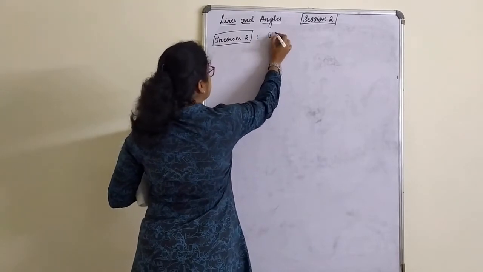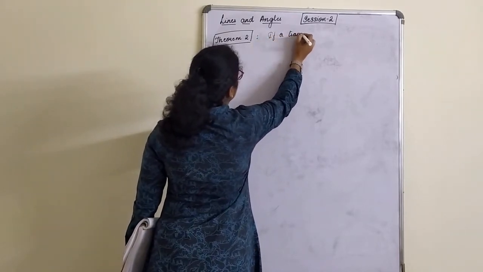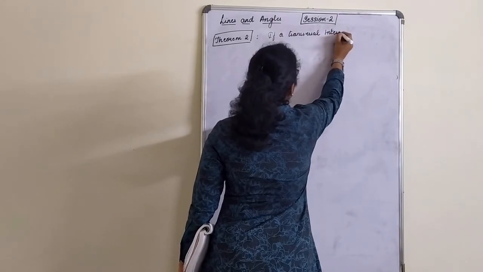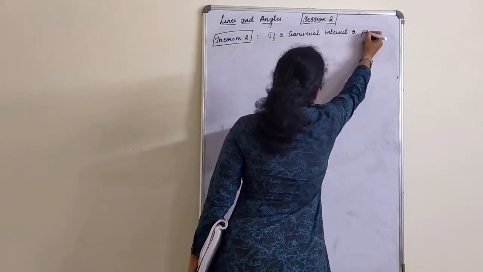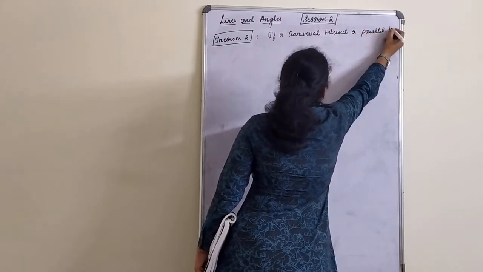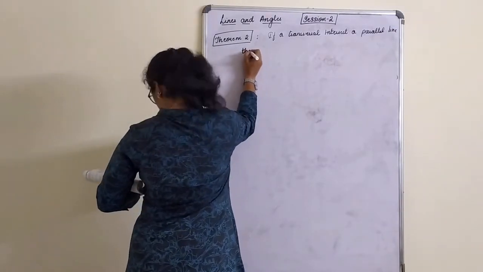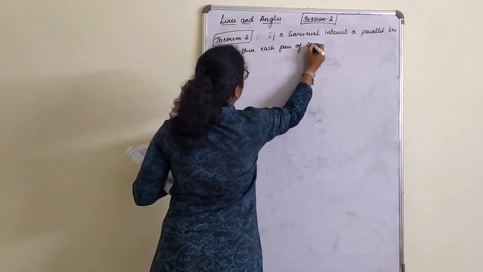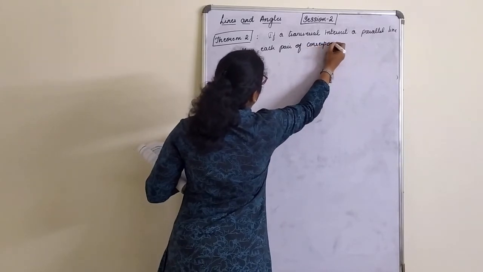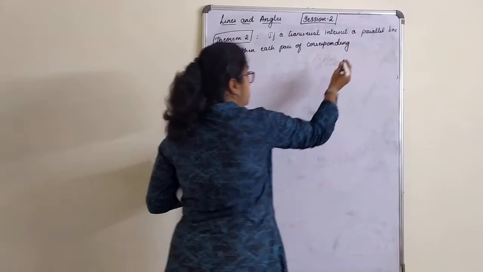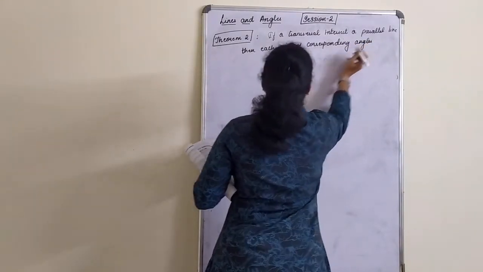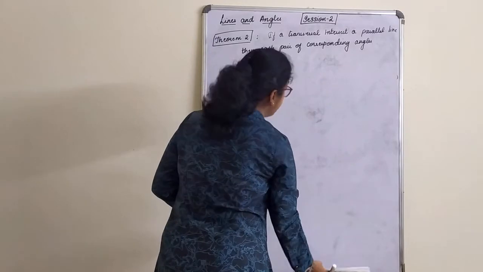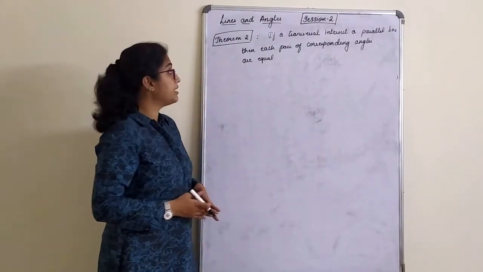If a transversal intersects a parallel line, then each pair of corresponding angles are equal.